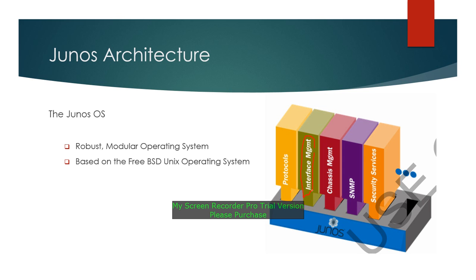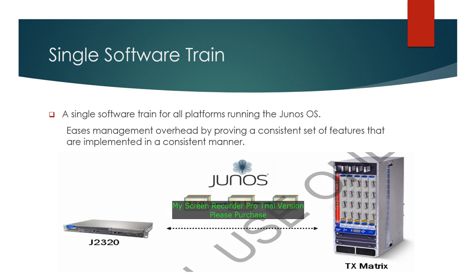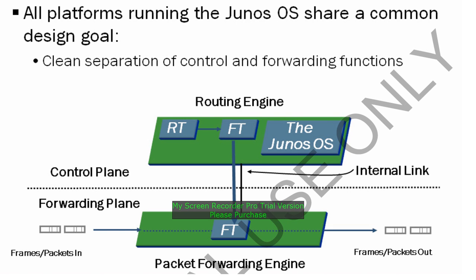But in Cisco, if we want to restart any kind of service, then we have to reboot the entire OS. In Juniper, you need not reboot the entire device. And this is a single Junos architecture from the starting to the higher-end series. This is a single software train.